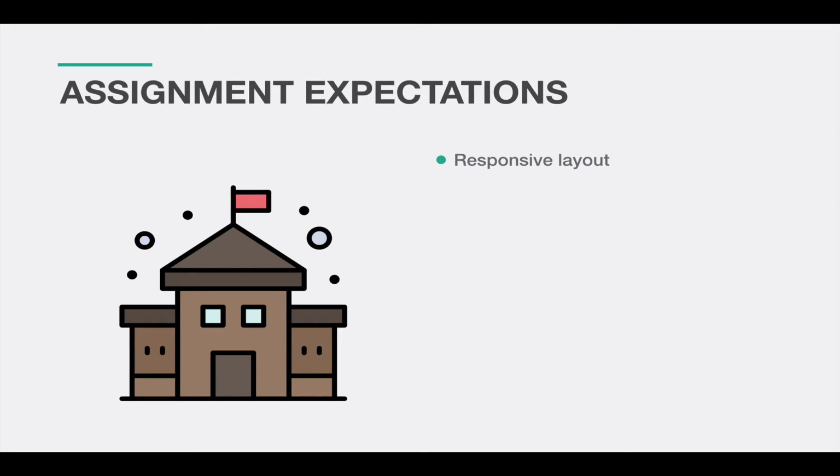You've already had a whole term of responsive web design, so you should know what a responsive layout is. I'll go into detail about it again. We'll talk about good design versus bad design, because you will be graded on your design on some assignments. And we'll talk about well-formatted code. What do I mean by that? What am I going to be looking for? And what are my expectations?